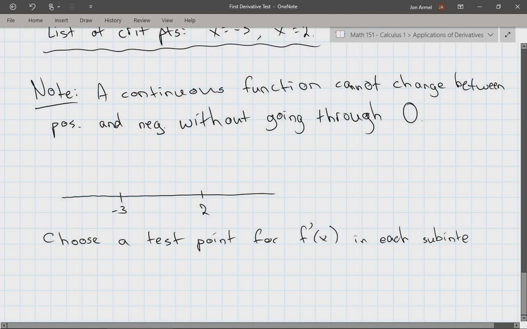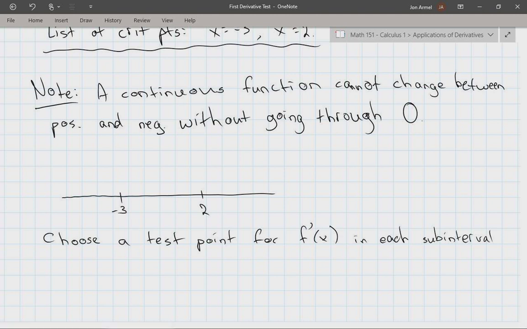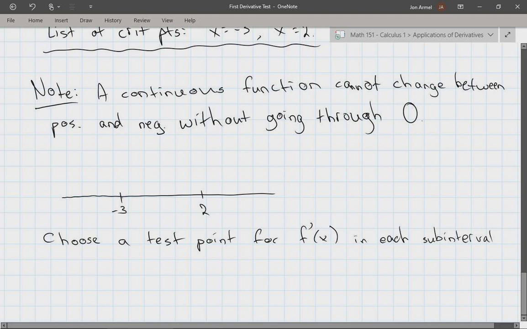So these critical points divide up the x-axis into regions where the function is increasing or decreasing. If I know that everywhere between -3 and 2, on this entire interval, the function is always increasing or always decreasing.